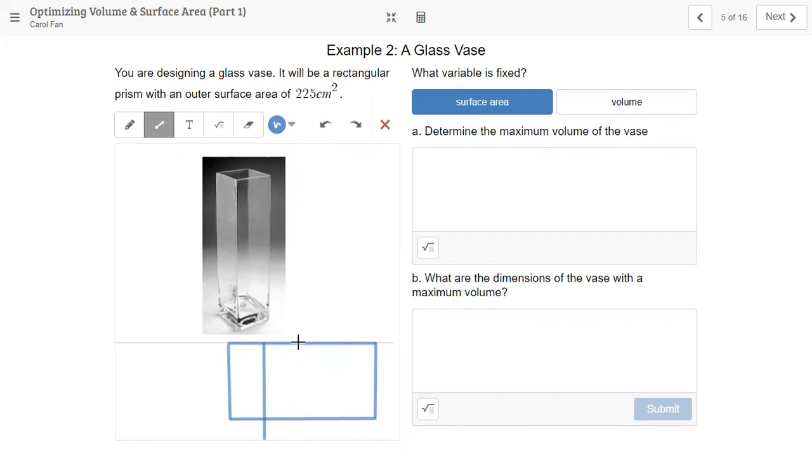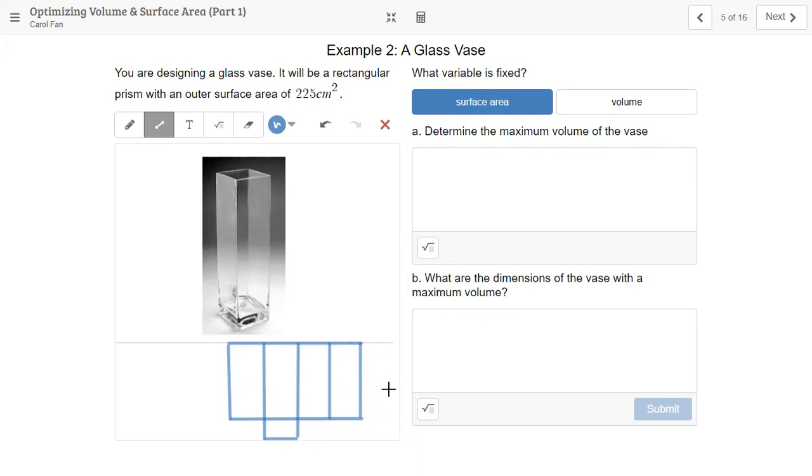This diagram isn't super to scale, but this is reasonable enough, I think.